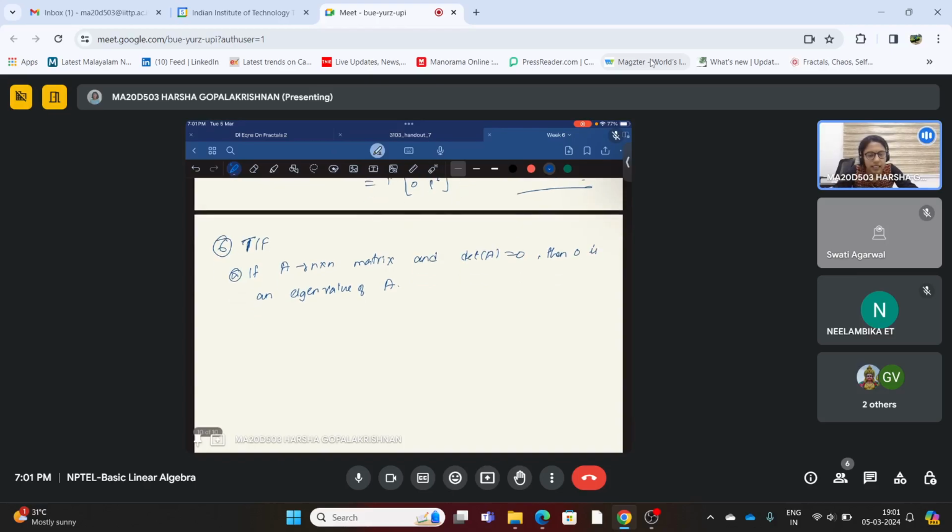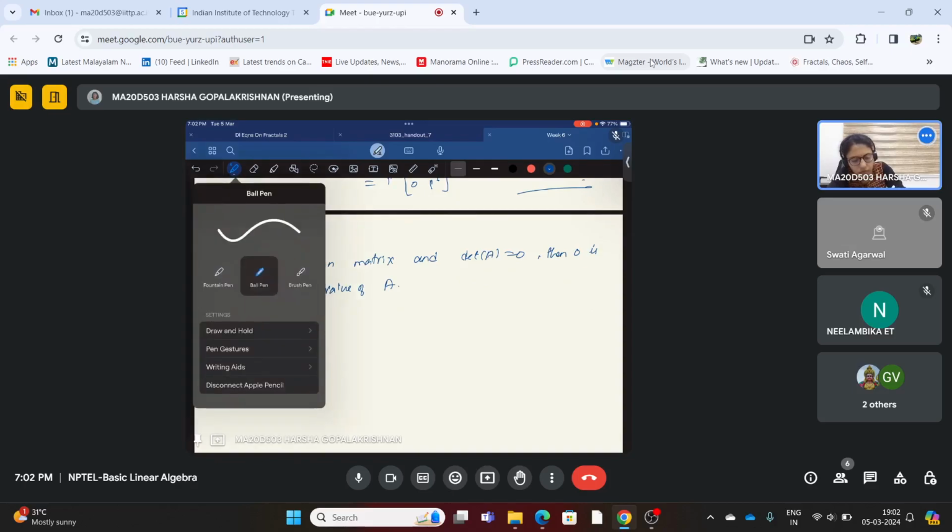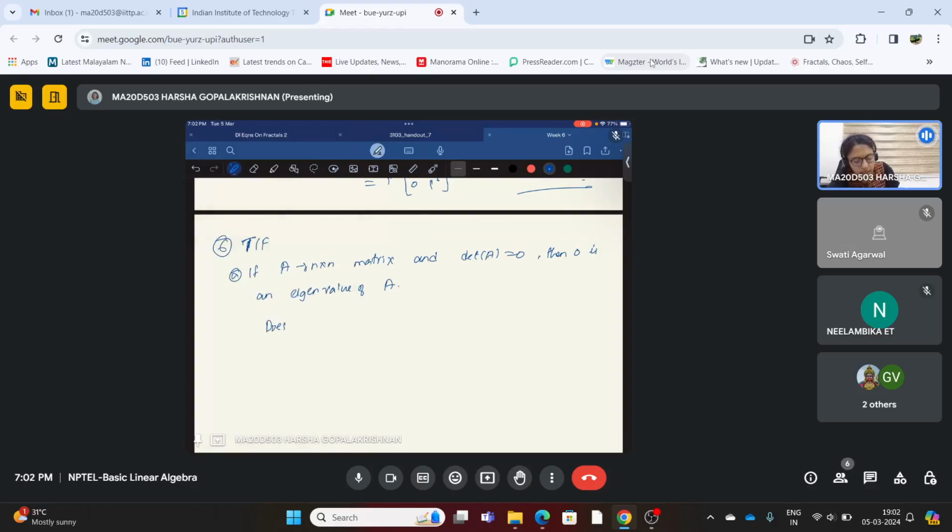Okay, what does this say? Determinant of A equal to 0. What do we want to prove? 0 is an eigenvalue of A or 0 is not an eigenvalue of A. Does there exist a non-zero X belonging to the null space of A?